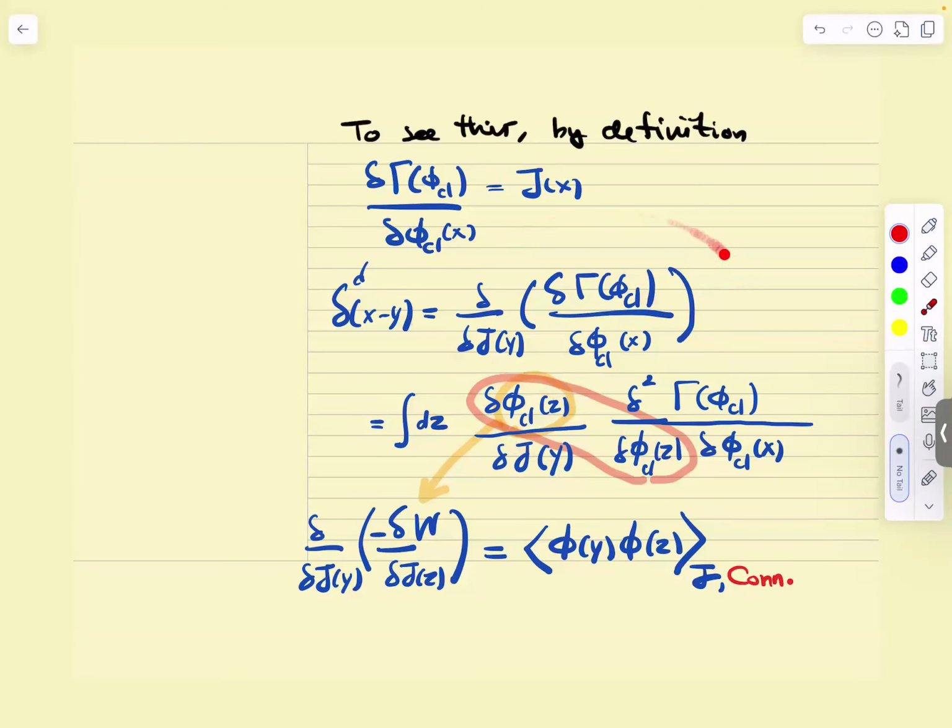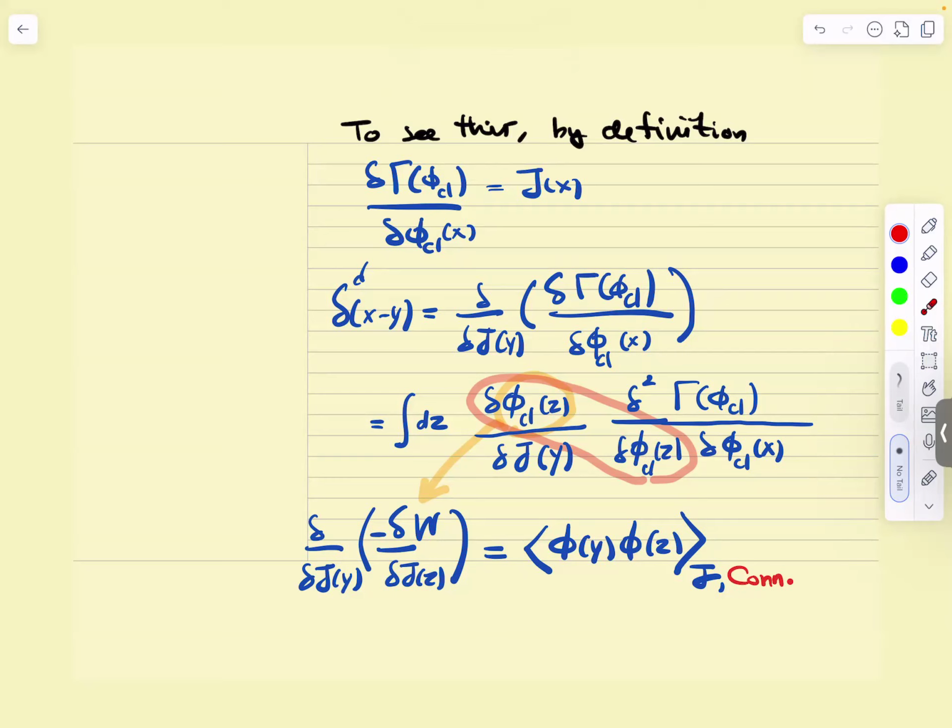So this thing is this thing, right? I put this guy, so this is y. I put this guy at z and integrate over it, right? Because of this, del J is an integral over d of z.